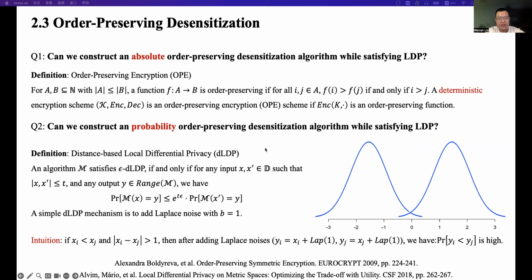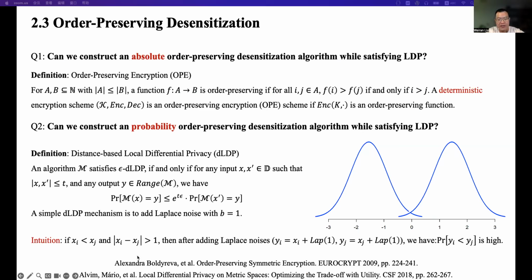The next question is, can we construct a probabilistic order-preserving desensitization algorithm while satisfying LDP? Recall that there is a variant of the LDP definition named distance-based LDP, DLDP. A simple DLDP mechanism is to add Laplace noise, where the Laplace scale parameter b equals 1.